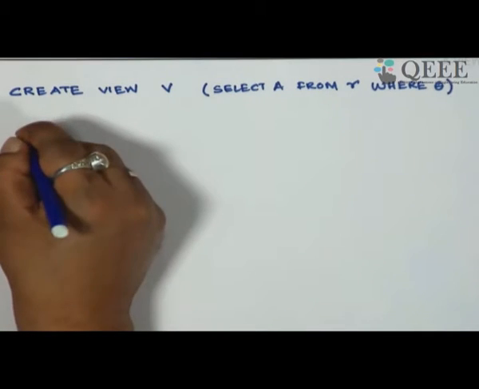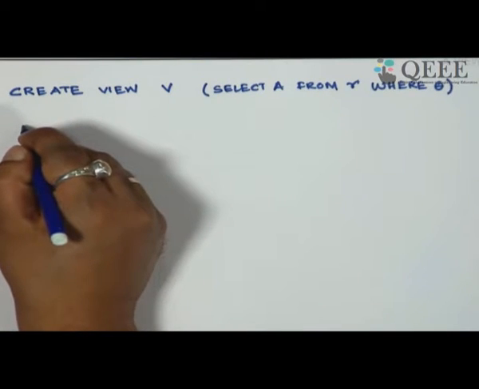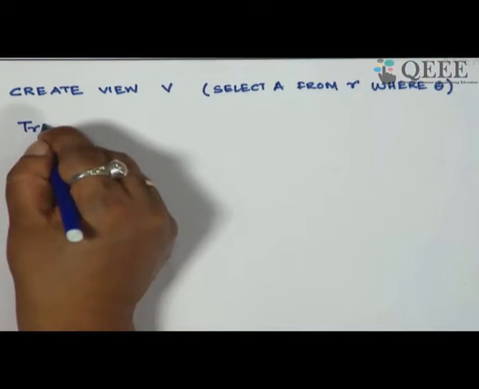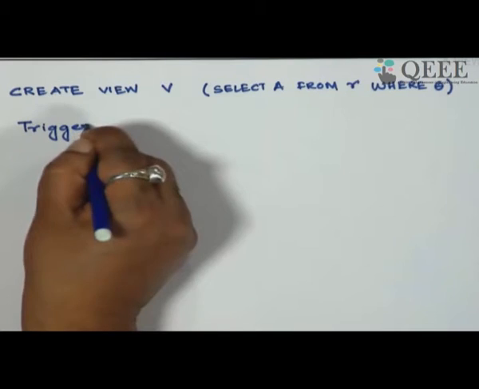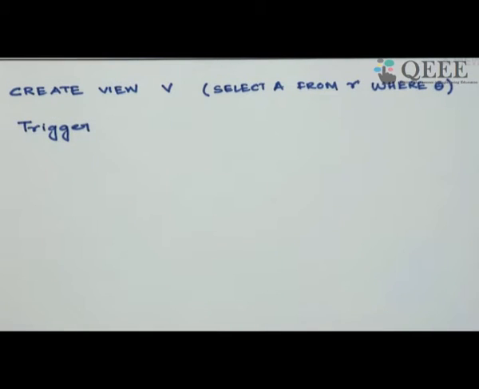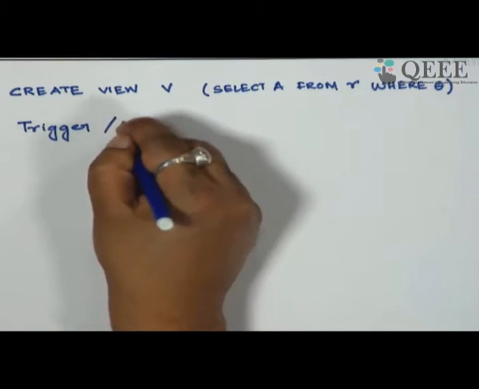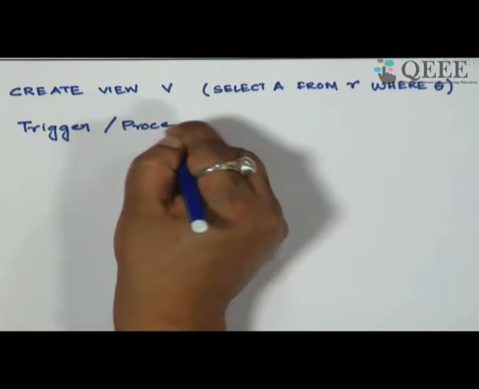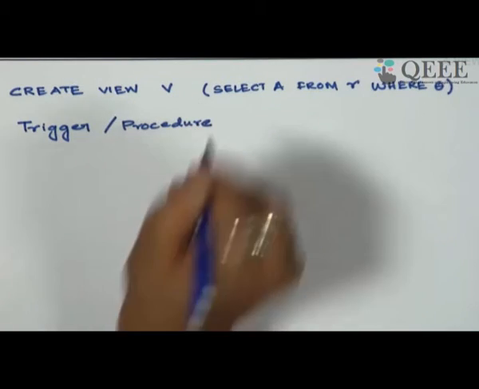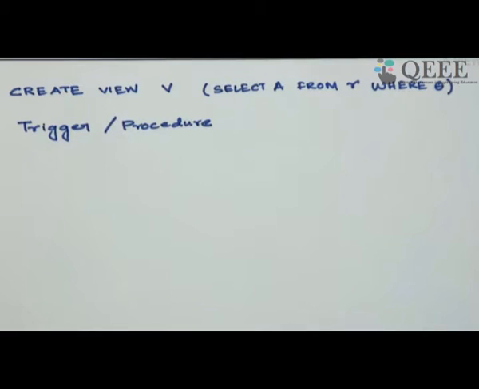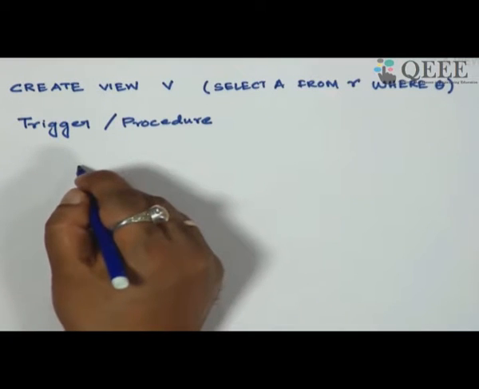And there is one more thing which is called a trigger. Okay. This is related to something called a procedure. What is a trigger? For example, I have two tables.